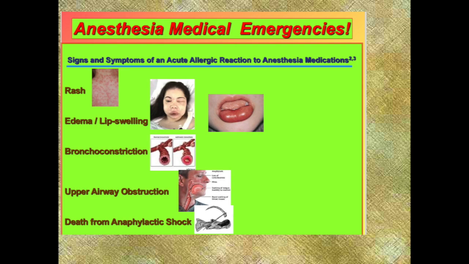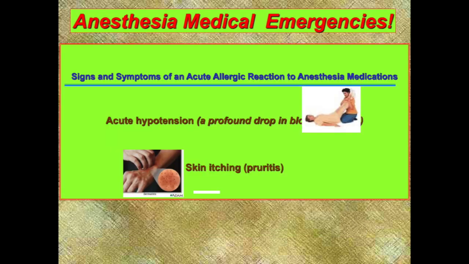They've got secretions and fluids there. The upper airway, as we said, can obstruct, and if it's a true anaphylactic reaction, the patient is going to die, unfortunately, before they hit the floor. So they're going to really drop their blood pressure, and then their skin is really going to itch when they've got their rash that's forming.